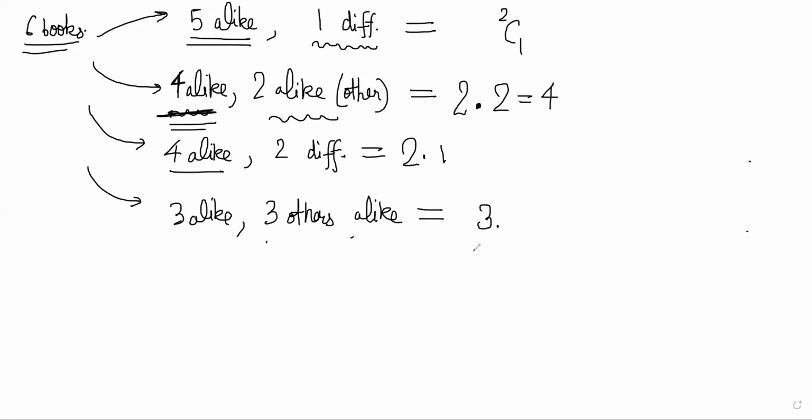suppose you have to select here 2 groups out of the 3 groups, right? So this is the physics group, this is the maths group, and this is the chemistry group.